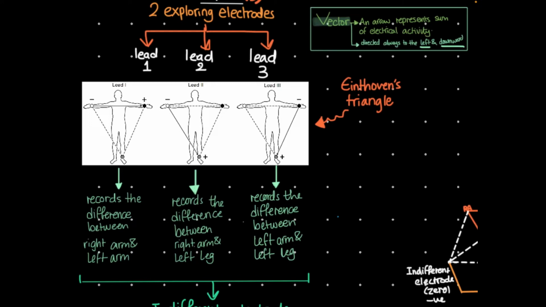The shape forms an inverted equilateral triangle, as we said before, and the heart is going to be at the center. What is special about this triangle is that it is equilateral, as we say. Equilateral means that the sum of the electrical activity is going to be zero at the middle.